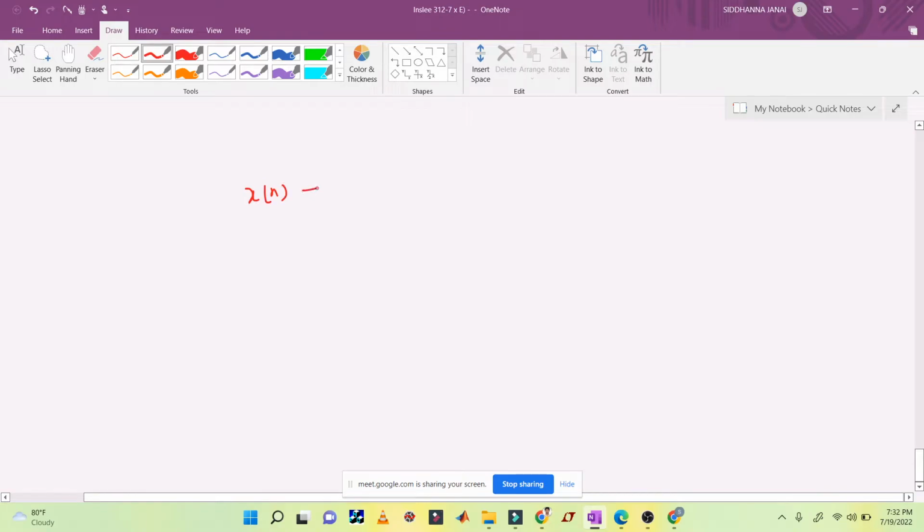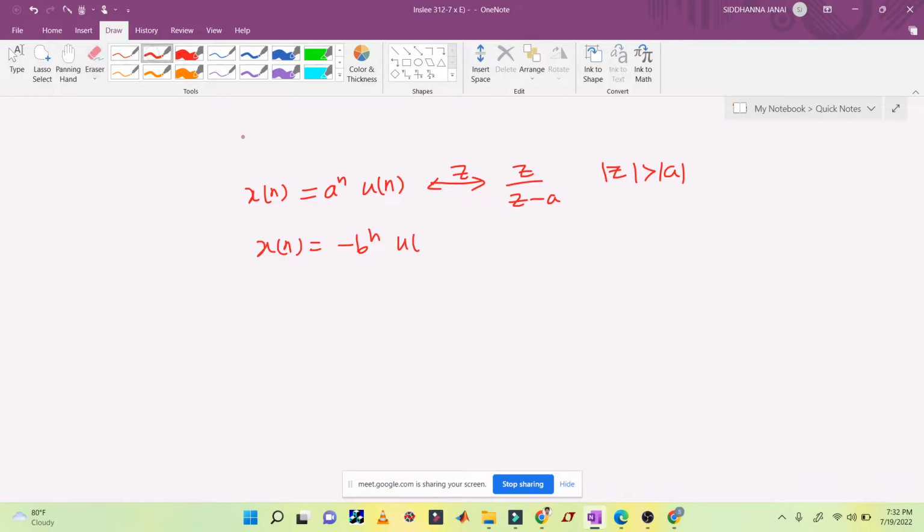x of n is equal to a power n u of n. For this you will get the z transform as z divided by z minus a, and the ROC is magnitude of z greater than a. Second one, x of n is equal to minus b power n u of minus n minus 1.